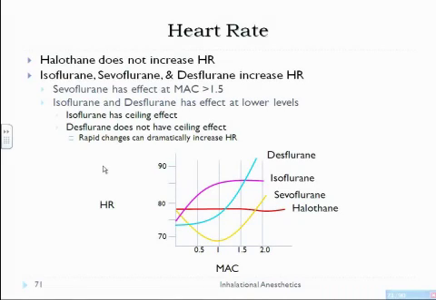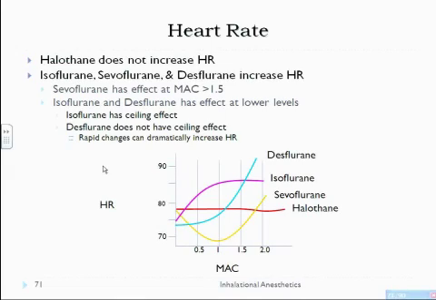With desflurane, as you increase your MAC value, the heart rate will increase dramatically. If you change the MAC value very quickly with desflurane, a patient may develop tachycardia. Sevoflurane, on the other hand, has an inverted bell shape. As you increase the MAC to 1%, you can see a significant decrease in heart rate.